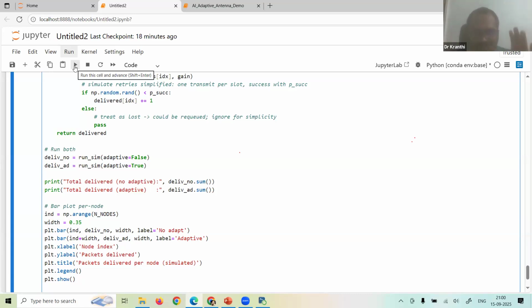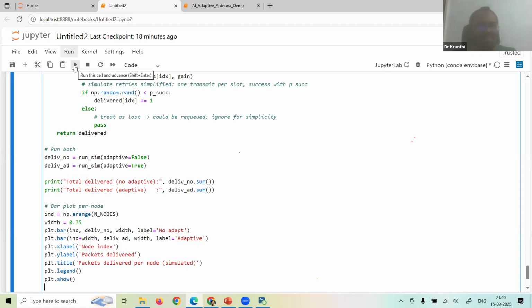In this demonstration, I try to compare these two things, and measure the delivery of packets through a proxy throughput across IoT nodes. The simulation setup: in the first code I talk about IoT nodes.